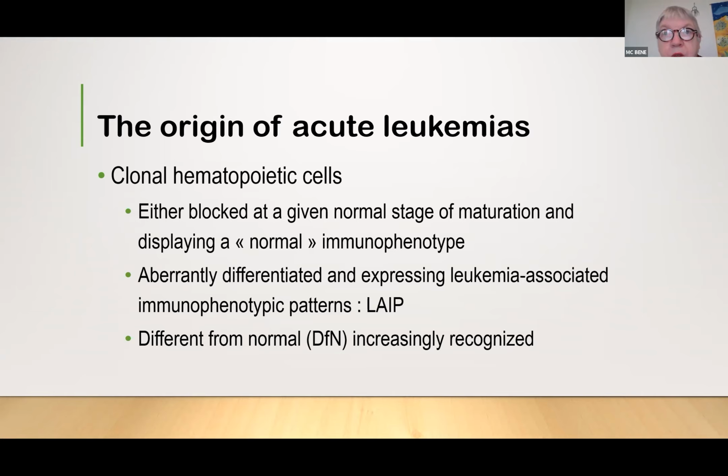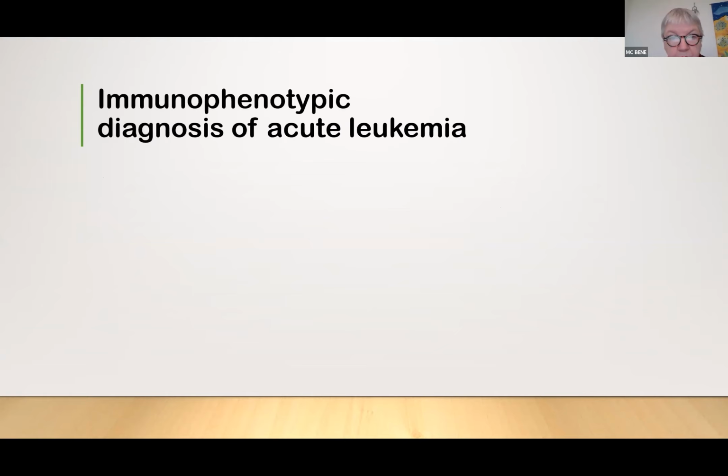Then you can compare normal bone marrow and diseased bone marrow, and you will find populations that are absent from the normal bone marrow, but that give rise to the leukemia. And this is also called DFN, and DFN and LAIP in most cases are almost the same.